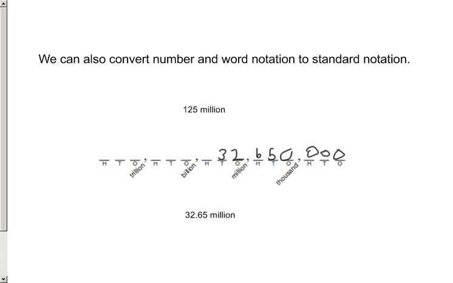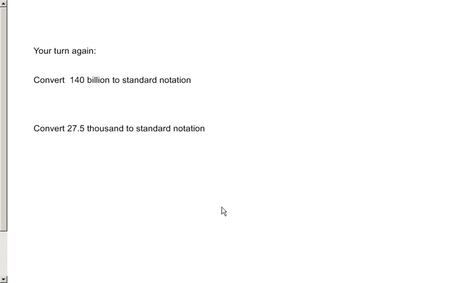So you're going to have a chance to practice this. Your turn again. This time you're going to change the number and word 140 billion and write it in standard notation, 27.5 thousand, and write that number and word notation in standard notation.